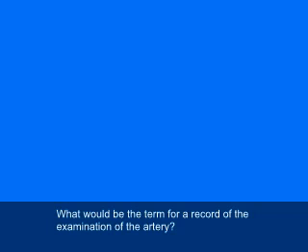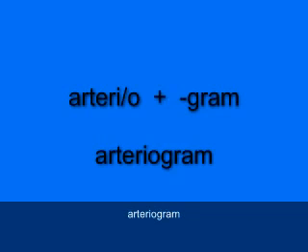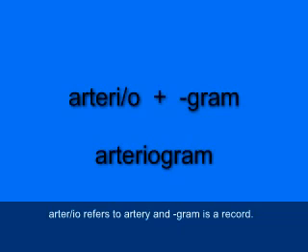What would be the term for a record of an examination of the artery? That would be an arteriogram, A-R-T-E-R-I-G-R-A-M. Arterio refers to artery, and gram is a record.